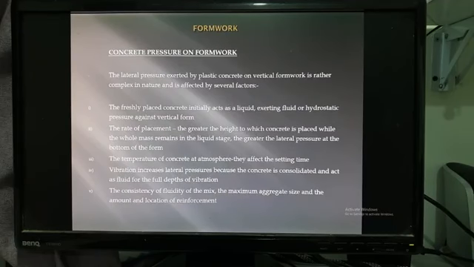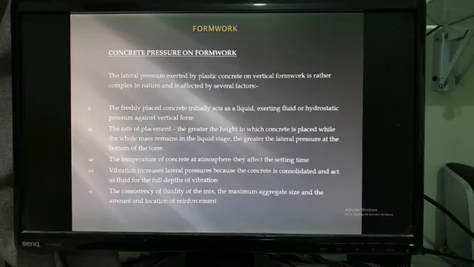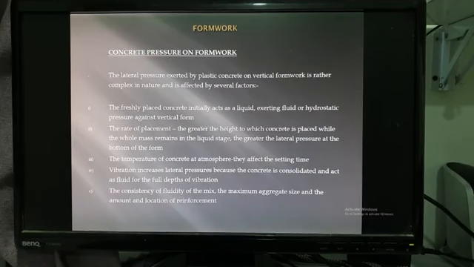And then the vibration process, where we want to take out the voids from the wet concrete. So this will provide extra pressure on the formwork. And the consistency of the mix, the aggregate and whatnot, the location of reinforcements would exert more load on certain parts of the formwork compared to the other.